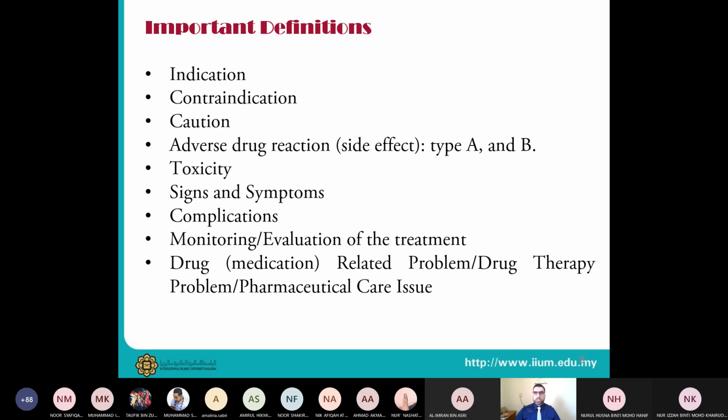So you can use the medication, but with close monitoring. It does not mean that you cannot use it, but you can use it with caution. An example is a beta blocker in a patient with diabetes. They may mask the symptoms of hypoglycemia. Because of that, it's better to avoid, but it can be used with caution. Just you need to make the patient aware of that.